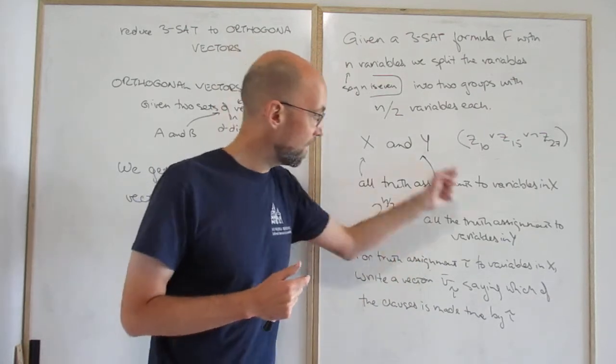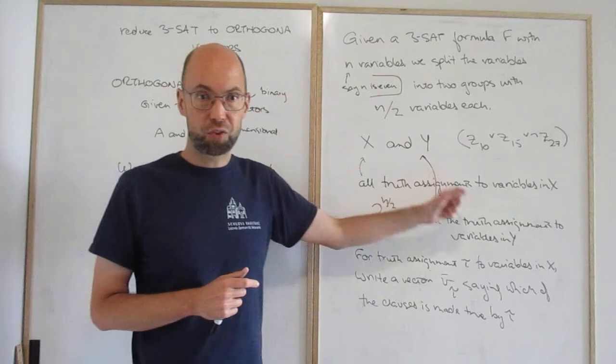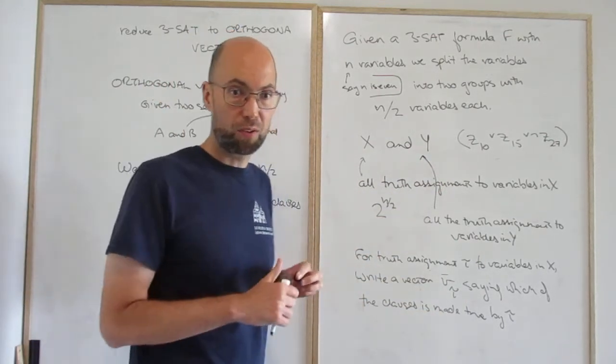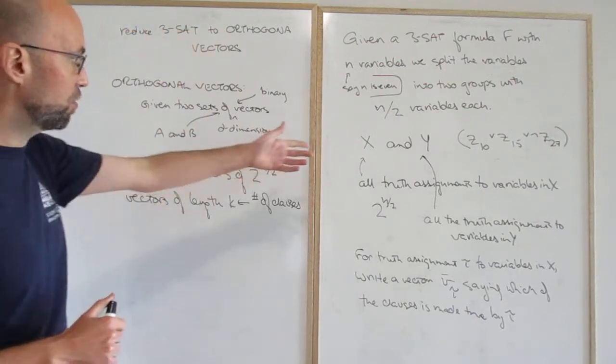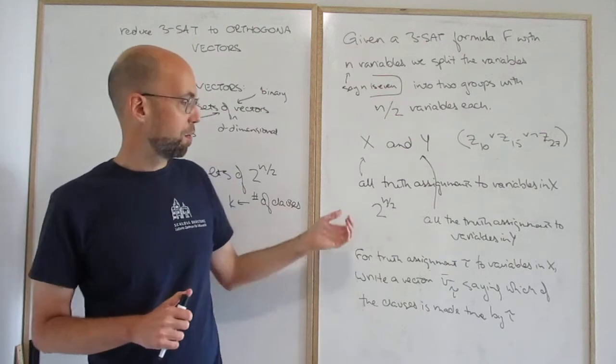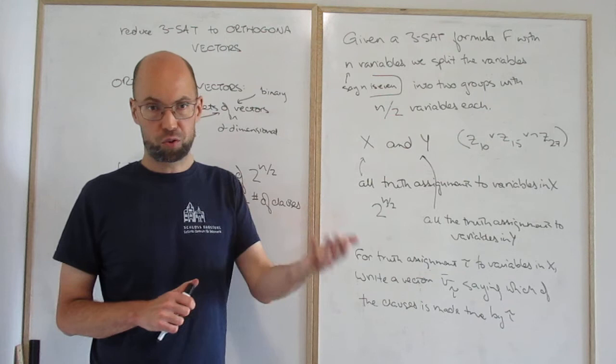So how much time does it take us to build these two sets of vectors? I'm over time, sorry. Well, to generate these vectors, it's going to take about 2 to the n over 2 time, times 2.